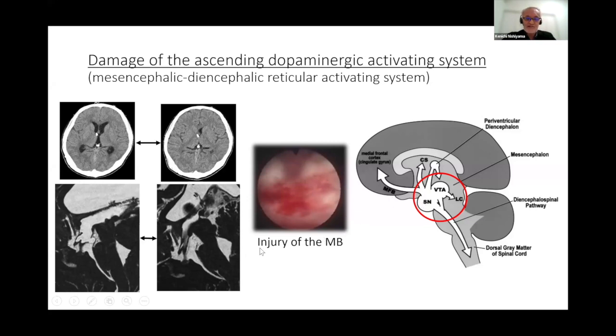When we inserted the endoscope, in 4 cases we found injury of the midbrain surface in all 4 cases like this. So endoscopic ventriculostomy, ETV, makes a more physiological condition and resolves the symptoms shunt-free.